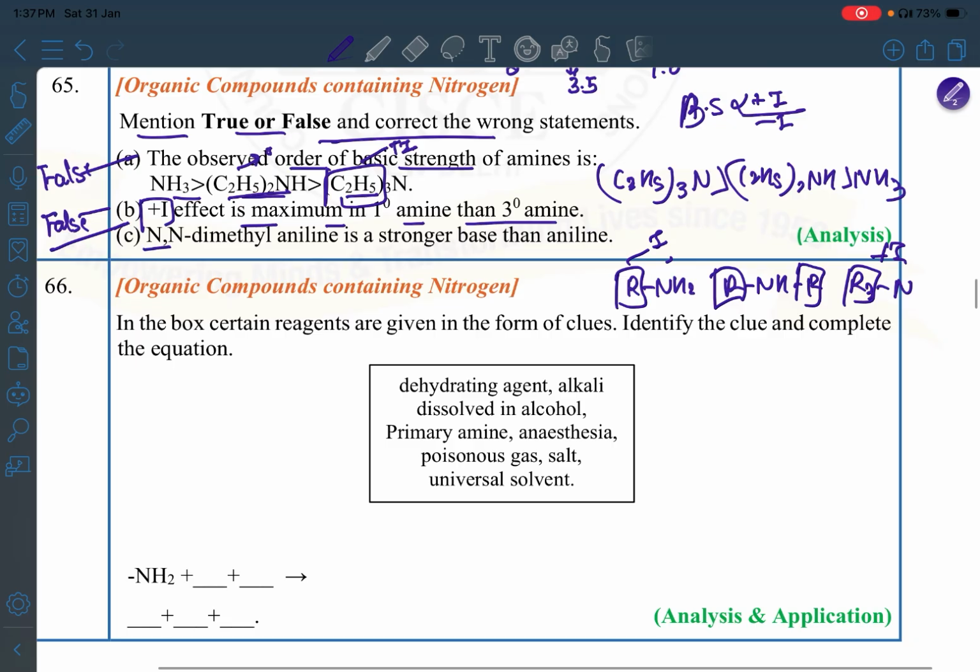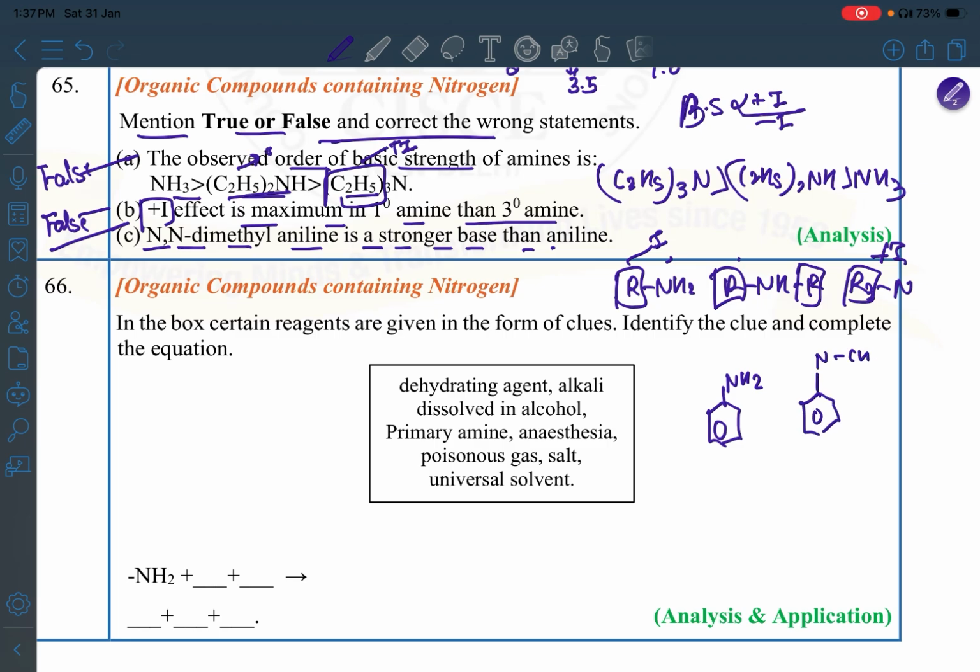The next statement is that N,N-dimethylaniline is a stronger base than aniline. This is aniline with NH2, and this is N,N-dimethyl with CH3 CH3. These are plus I groups, and as we know, plus I groups increase basic strength, so it is a true statement. So the third is true, and the first and second statements are false.